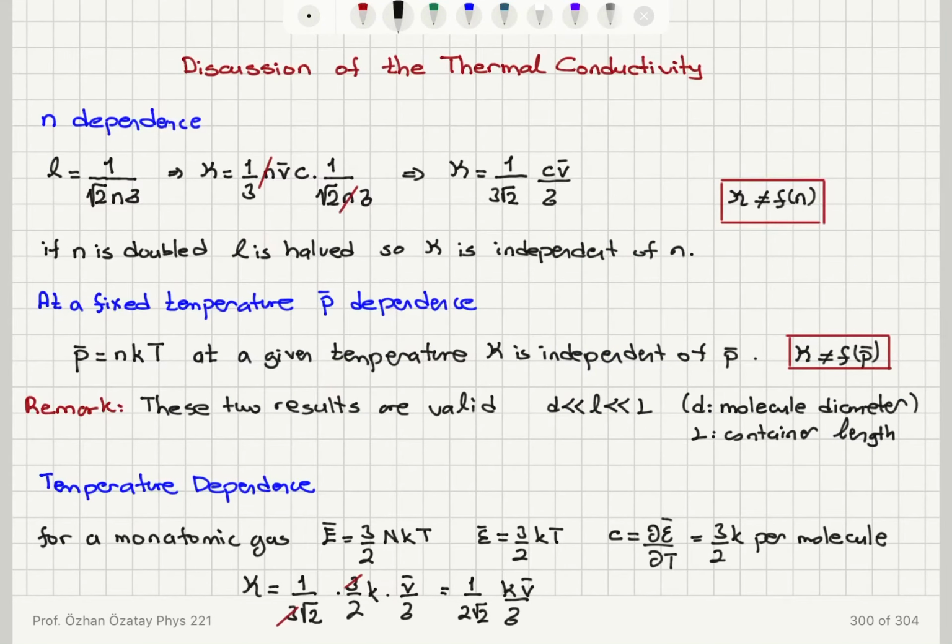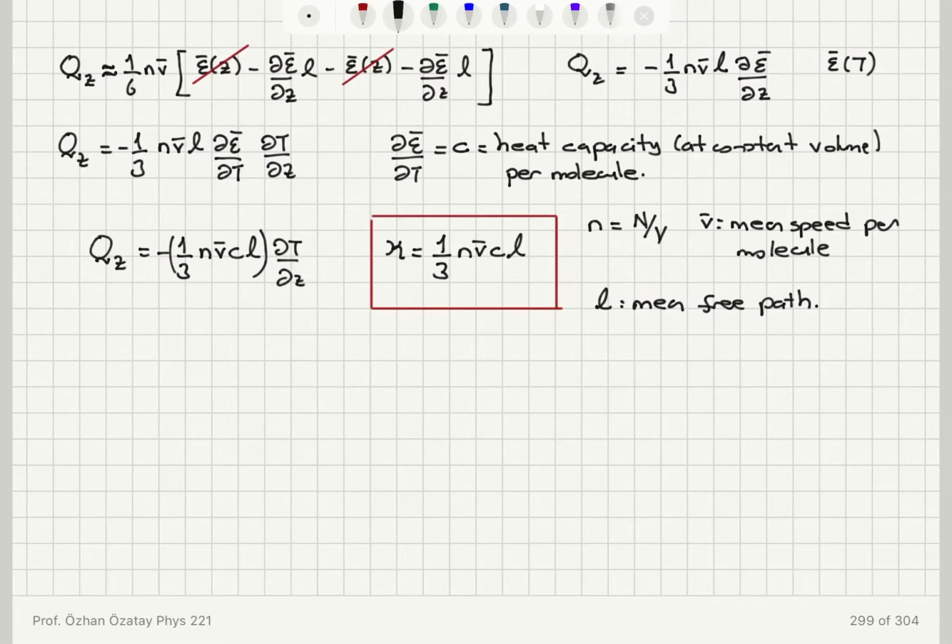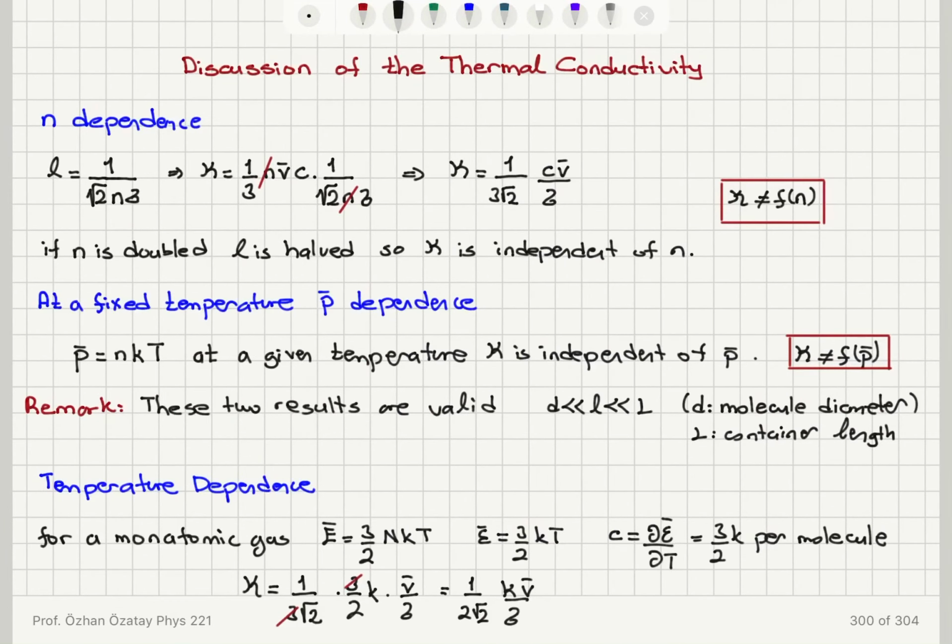Okay, so we have analyzed the thermal conductivity of a dilute gas, and our result in our previous discussion was 1 over 3 n V bar C L, where n is the number density, V bar the mean speed per molecule, C the heat capacity per molecule, and L the mean free path. When we substitute for L, 1 over square root 2 n sigma, we see an n cancellation, and so this suggests that kappa is independent of n, the number density or concentration of molecules.